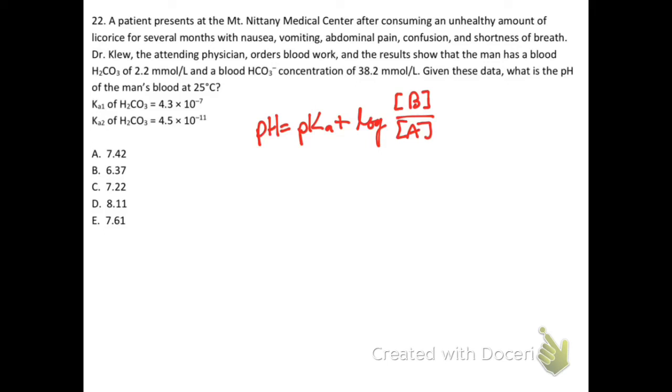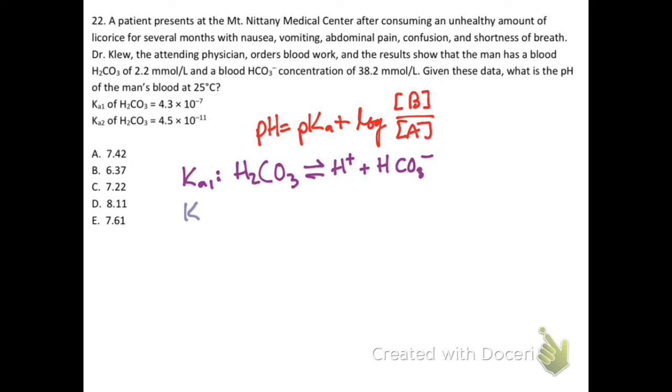Now then, the question is, which K do we use, Ka1 or Ka2? So let's consider the two dissociations that we have going on here. Ka1 is going to be our fully protonated acid, H2CO3, dissociating into H+ and bicarbonate, HCO3-.